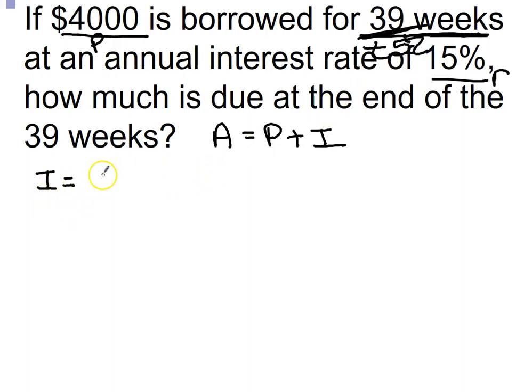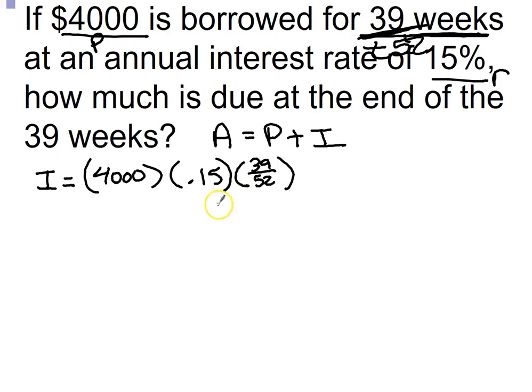So I equals P, which is 4,000, times your interest rate, which is 0.15, times your time, which we'll say is 39 over 52. And that gives you $450. And that is your interest. So we add that to the principal.